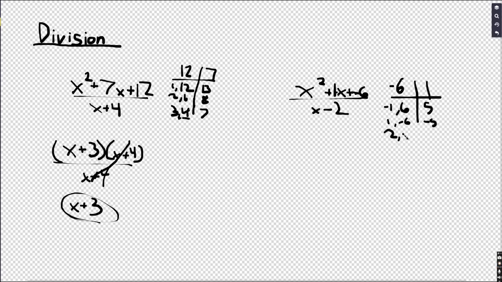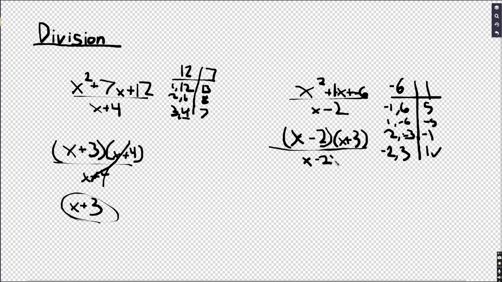How about 2 and negative 3? No, that's a negative 1, but we're getting somewhere. If we do negative 2 and 3, we get positive 1. So yes, that's what we need. So we can factor this into x minus 2 times x plus 3, divided by x minus 2, right?